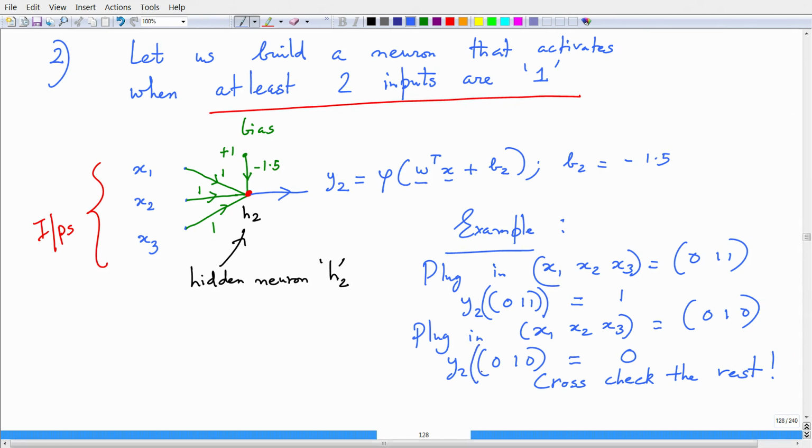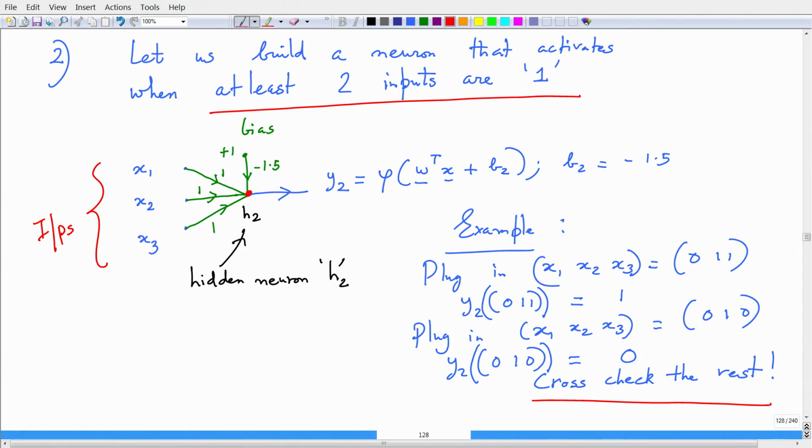And just as a cross check, let us do the case when x2 is set to 1 and the other variables are 0, that is I take the tuple 0 1 0, and you can easily do the math because the only variable that I have here which is 1 is x2, 1 times 1 is 1, others will be 0, and 1 minus 1.5 is negative, and therefore, the value is going to be 0, okay. And this is sort of straightforward.